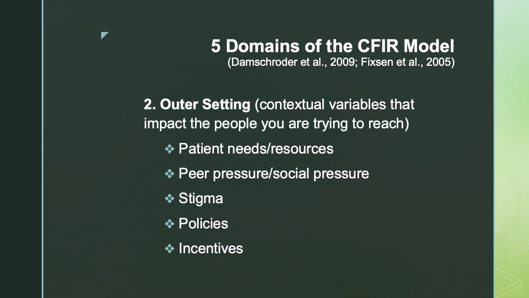What's the climate, the stigma, the social aspect of the setting within which I want to intervene? It can also be relevant to consider the policies of the organization you're working with, or the laws or the guidelines or the norms governing the setting within which you are polling your participants. You also want to consider any incentives that are either operating under the surface or operating very explicitly.